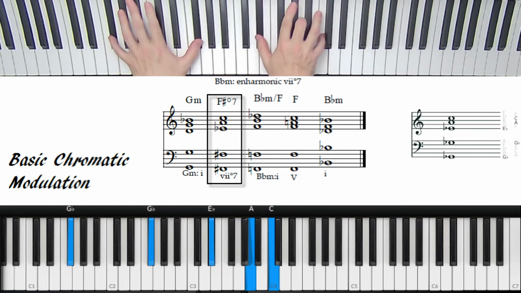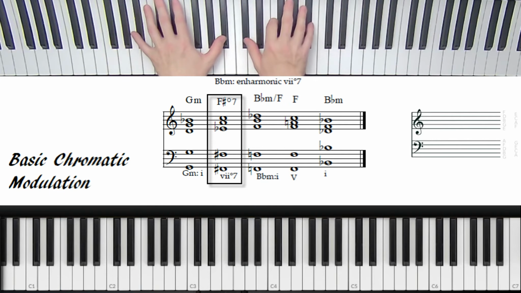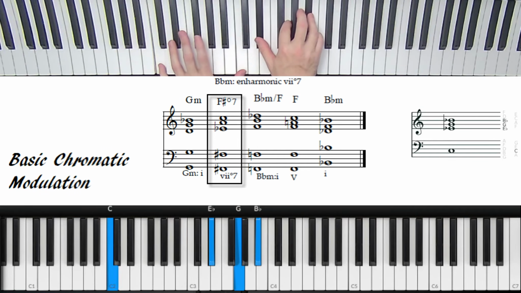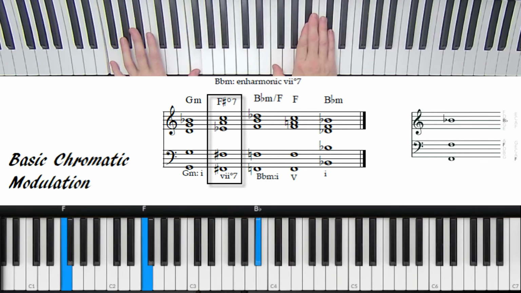So we could take the same exact sequence and do something like this. Same exact sequence as before, voiced a little differently. Musically you could do something like this, stay in G minor for a second, then B flat minor.